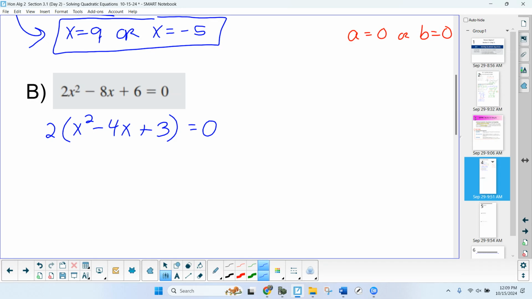When you pull out a 2, what do you have left? Okay, perfect. So now what's left is a trinomial. Now is A 1? Yeah. So what are you going to ask yourself?